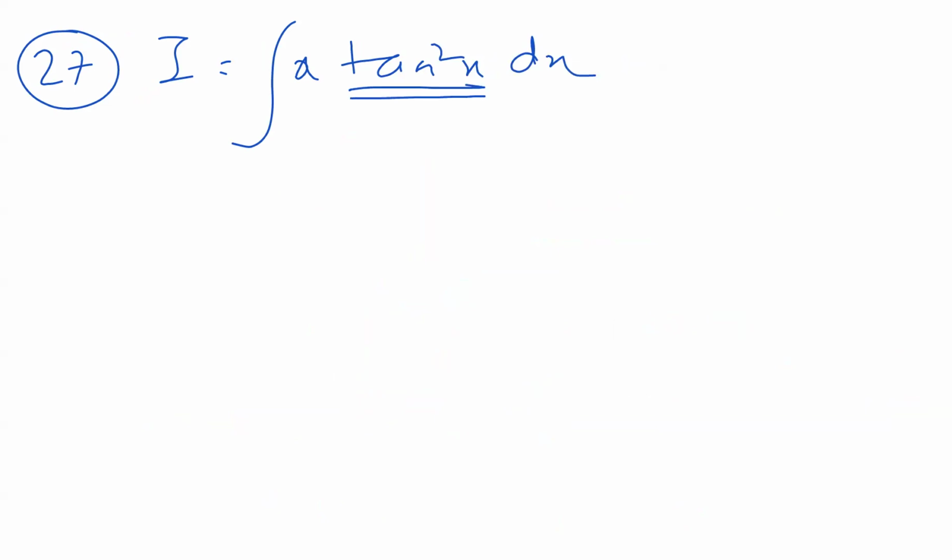27: integration of x tan square x dx. Now in Indef 1, tan square and cot square, I have given you a clear cut instruction. Whenever tan square and cot square comes in the problem, use sec square x minus 1. So integration of x into sec square x minus 1.